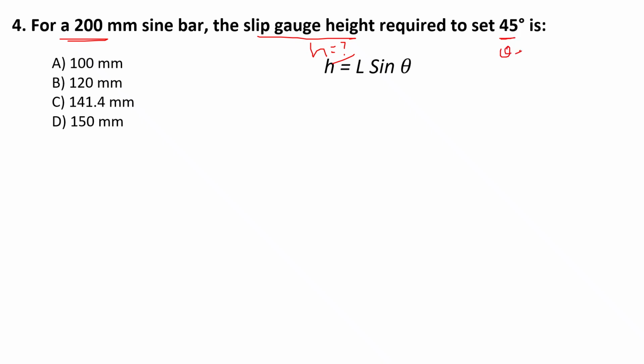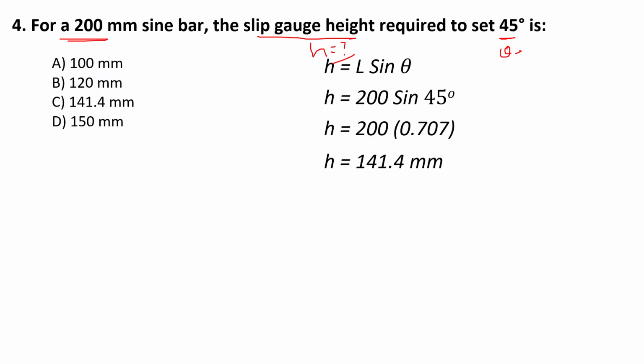We know the relation sin theta equal to h by L. Then h can be written as L into sin theta. Here L is given and sin theta is also given. Then h will become 200 into sin 45. We know the sin 45 value is 0.707. Then h will become 200 into 0.707, so h equals 141.4 mm. Then option C is correct.